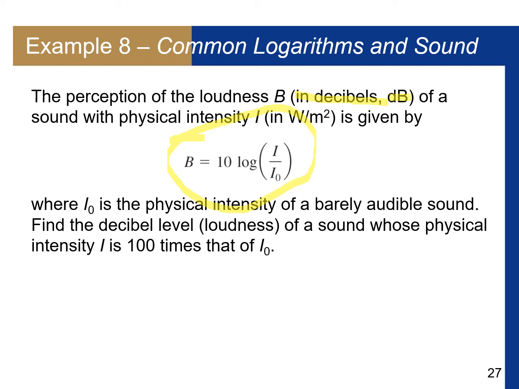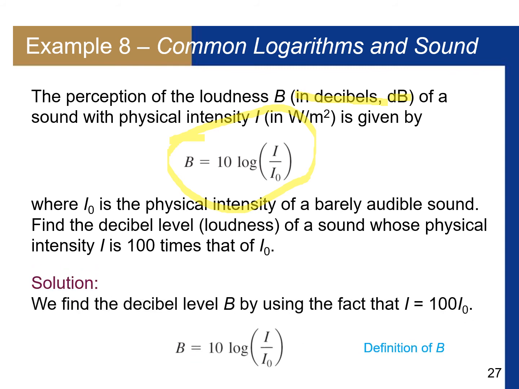Find the decibel level of the loudness of a sound whose physical intensity I is 100 times that of I sub 0. Now we'll find the decibels of the level B by using the fact that I equals 100 times I sub 0.